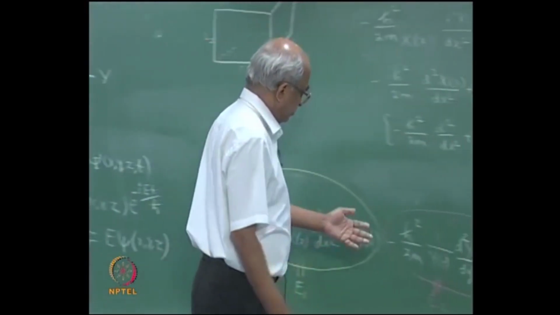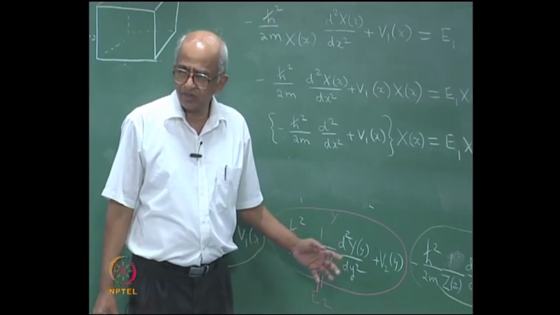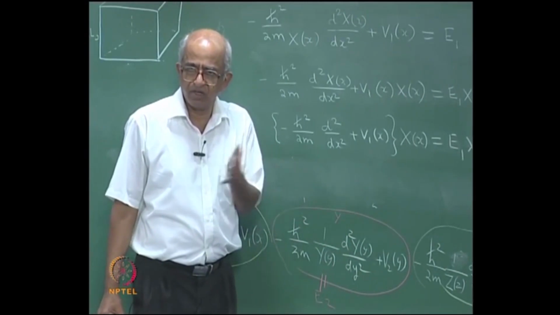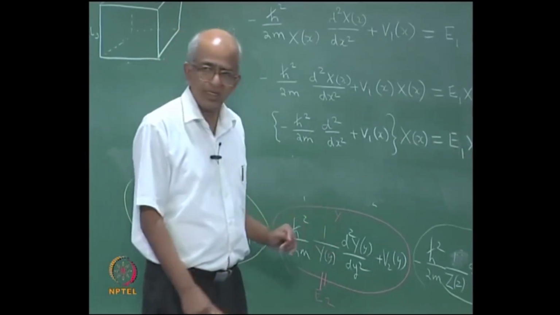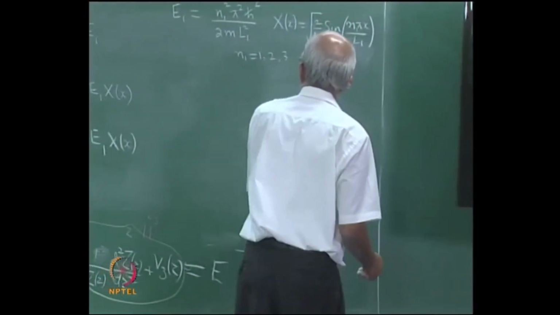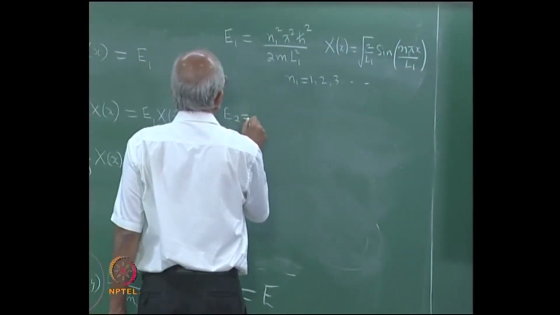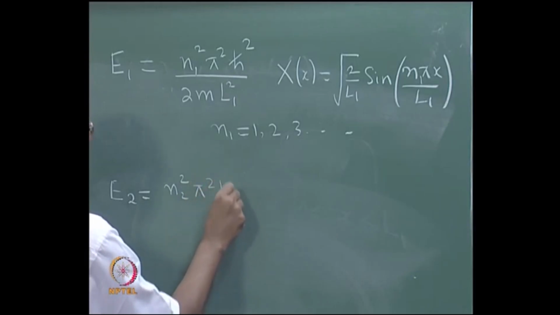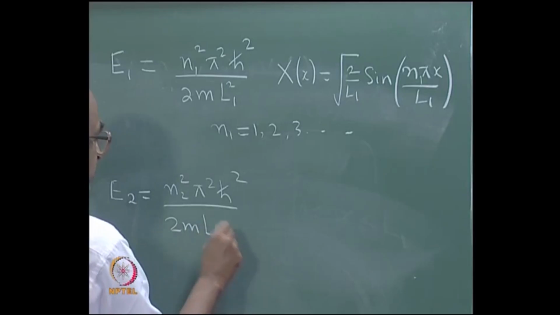Similarly, if you rewrote this equation and solved it, you are going to get another quantum number, which will be n2, which will take the values 1, 2, 3, etc. and you will find that E2 must be n2 square pi square h cross square divided by 2m L2 square, right.